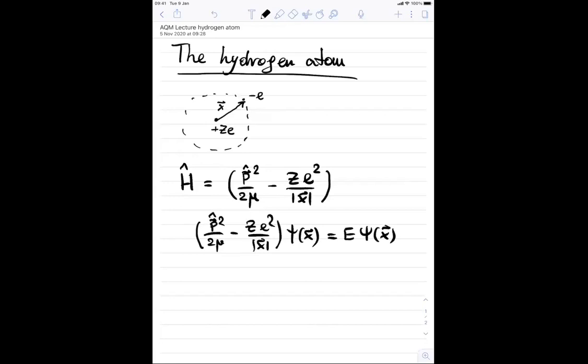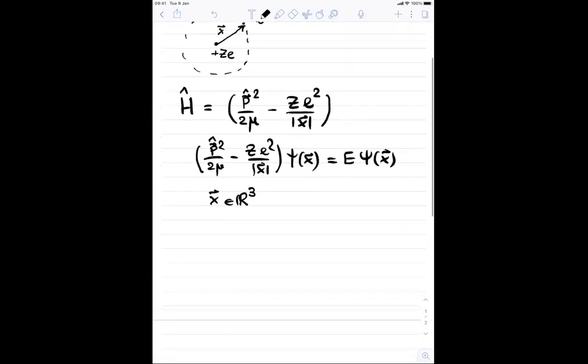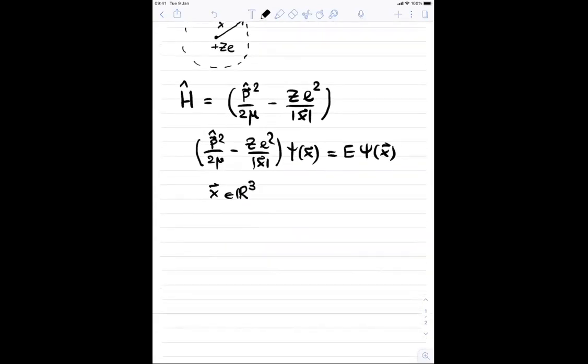Now, in order to further simplify, because x is a three-dimensional vector, so x lives in R3, we have to exploit rotational symmetry, and in particular, we have to use the angular momentum.